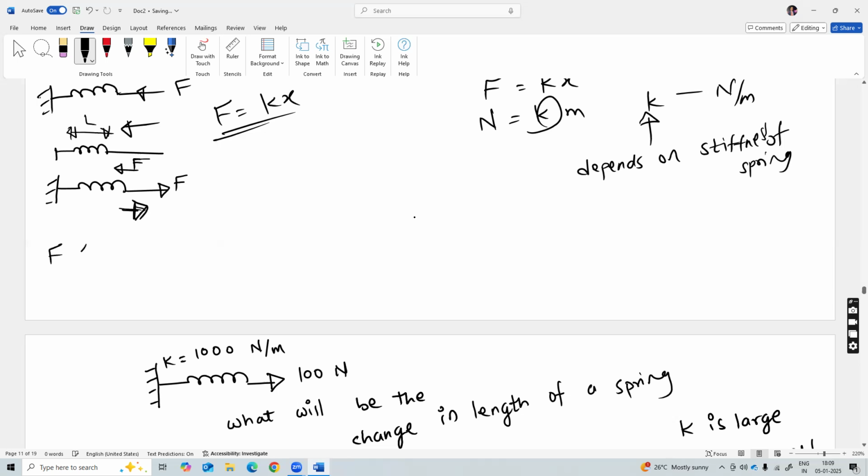Therefore, in this case we are considering the restoring force, and only then does this minus sign work.